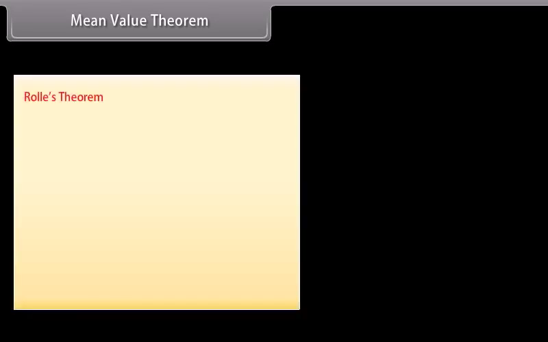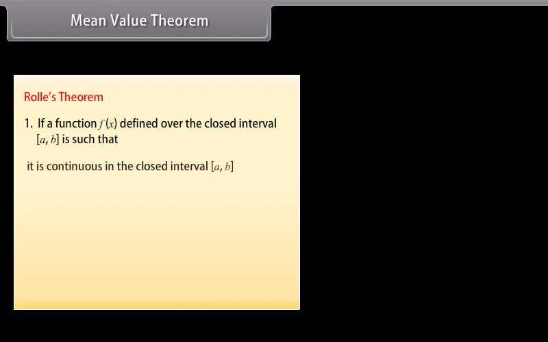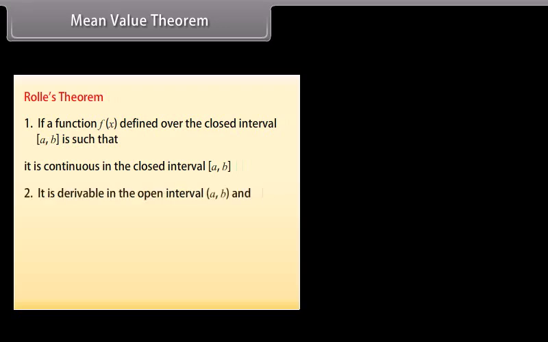Mean value theorem. Rolle's theorem. 1. If a function f of x defined over the closed interval a, b is such that it is continuous in the closed interval a, b. 2. It is derivable in the open interval a, b, and 3.